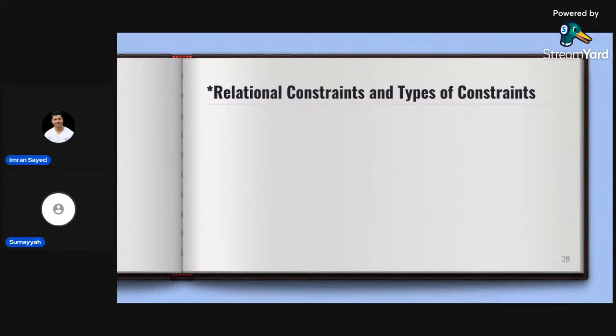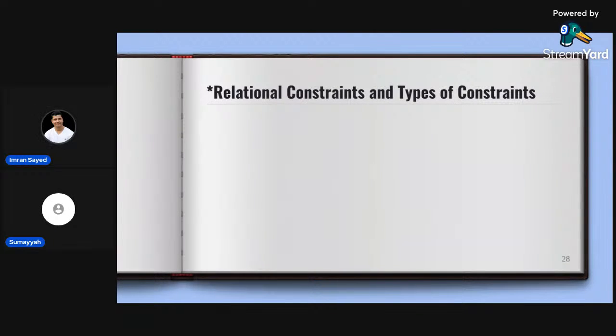The referential integrity constraint states that when there's a foreign key in a relation, its domain should be the same as the attribute in the other table, in the reference table.